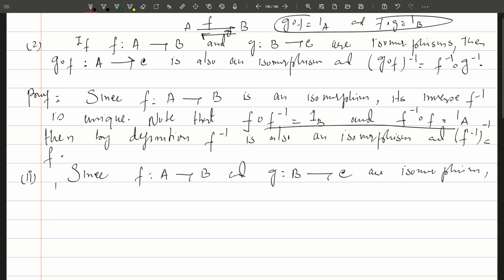So let f inverse, which is a map from B to A, and g inverse, which is a map from C to B, be their inverses respectively.